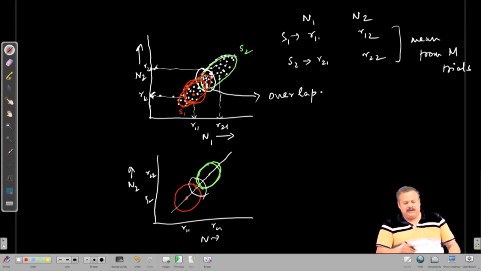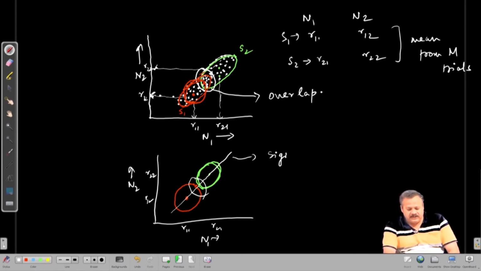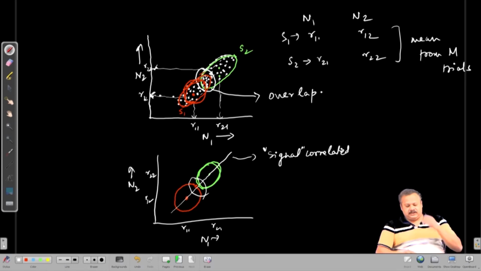That is, if we take the mean, that is the red dot and the green dot, the mean responses are increasing with increasing rate of N1. There is an increase in rate of N2 when the stimulus is being varied. That is called signal correlations, because it is the mean that is being correlated here. So that is devoid of the noise, and hence it is as if it is signal and signal correlations.